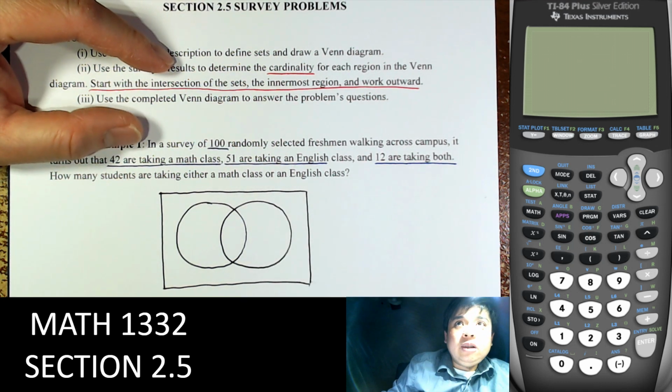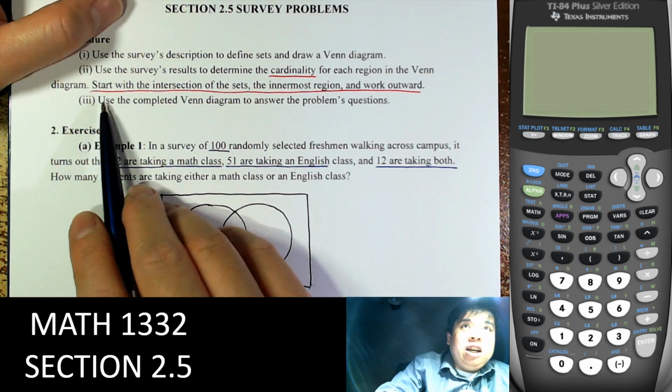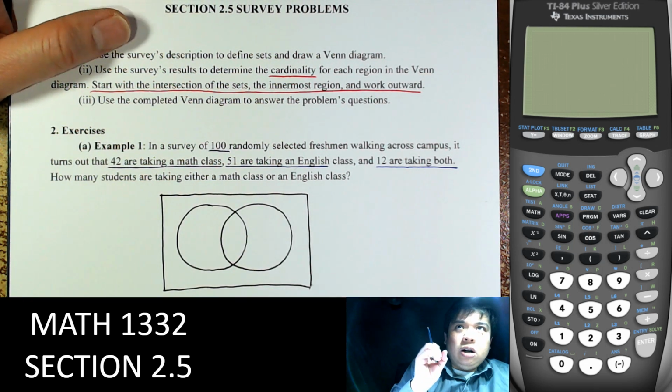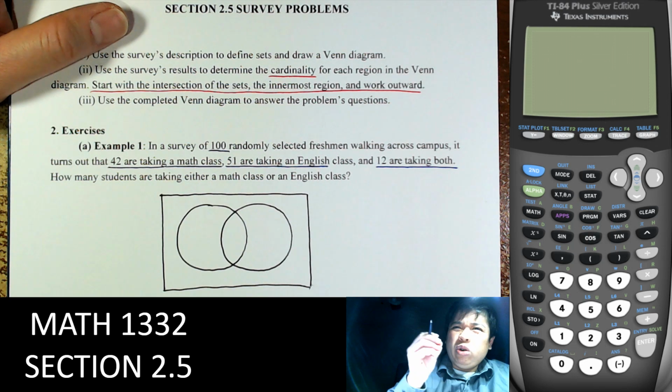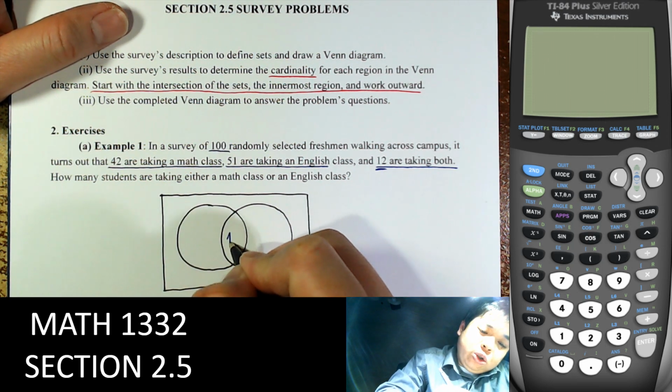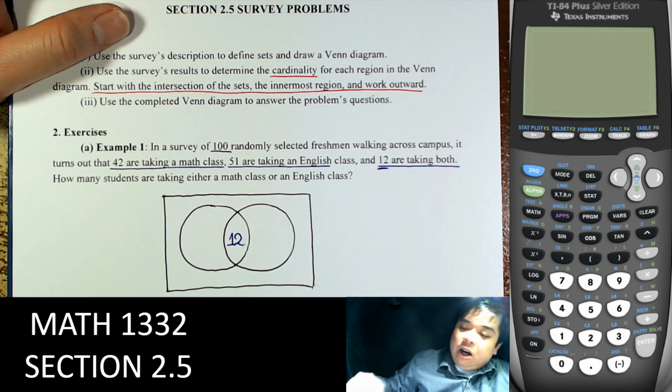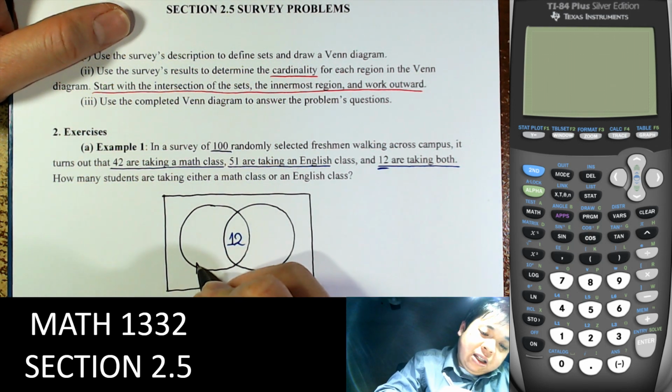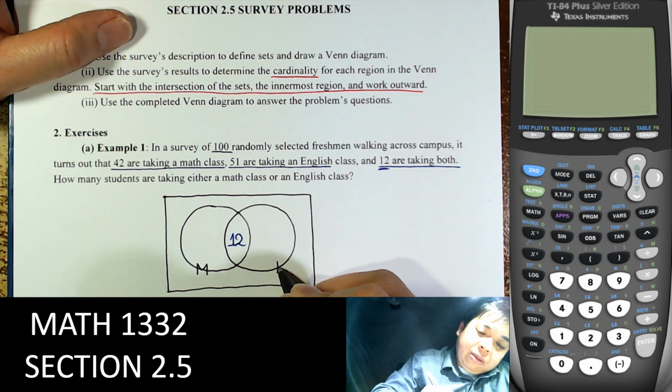Right? Now the idea is we start with the intersection or the innermost, usually the smaller numbers. So we have 12 taking both. So we know for sure 12 have to be in the middle. By the way, we need to note that this is math and this is English.